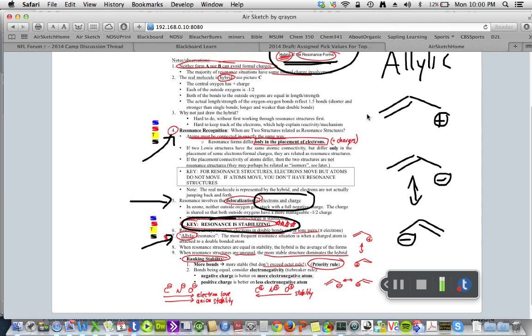We want to be able to envision how electrons are repositioning themselves. So essentially it's the 2 electrons in the pi bond that are in a different place. So if I take them where they were in the first picture and show them moving over to the right carbon, now the right carbon will be seeing those 2 electrons.